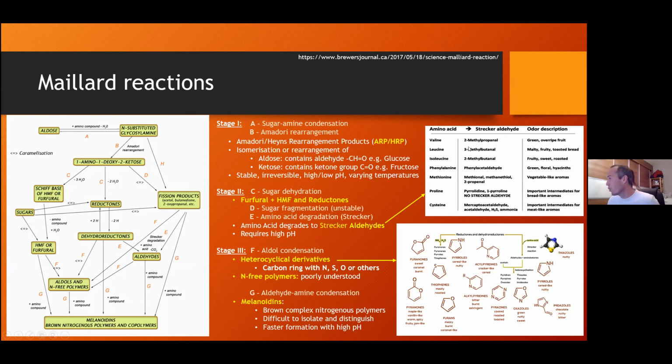I don't know if it's too small, but I hope everyone can read the top here. The typical amino acids then convert into Strecker aldehydes. So Strecker aldehydes have certain flavors and aromas. Some of them are malty, fruity. Some of them are green, floral, vegetable-like.